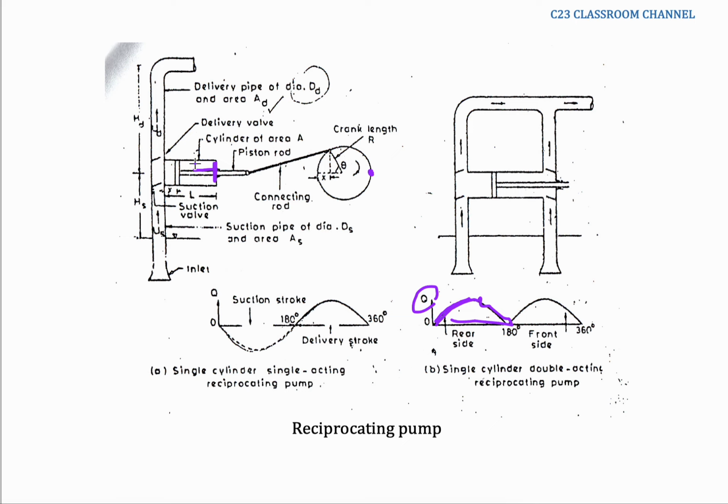At the middle of this chamber, when the crankshaft is at the top here, it is at its maximum performance, with its maximum velocity. And then again when the piston strokes to this point, the piston is at this location, so there is no flow rate again. That's why we can draw the graph here as a sinusoidal graph.